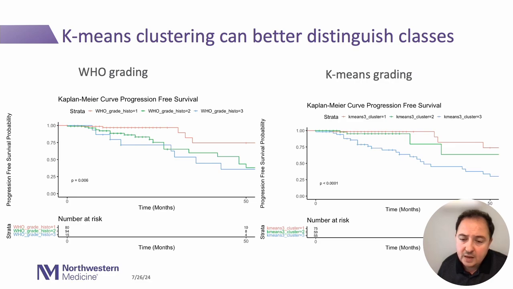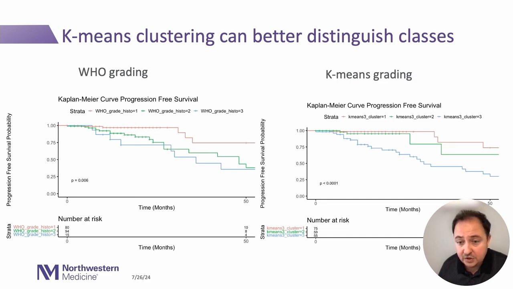When we look at the Kaplan-Meier for progression-free survival of the k-means clustering, we actually see better separation. Cluster 1, which is red, is enriched for WHO grade 1 samples. Cluster 2, which is green, is enriched for WHO grade 2 samples. And cluster 3, the blue line, is enriched for WHO grade 3 samples.